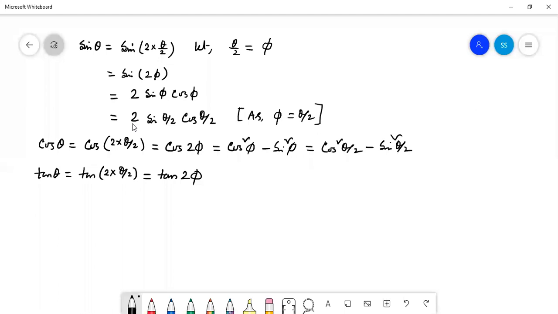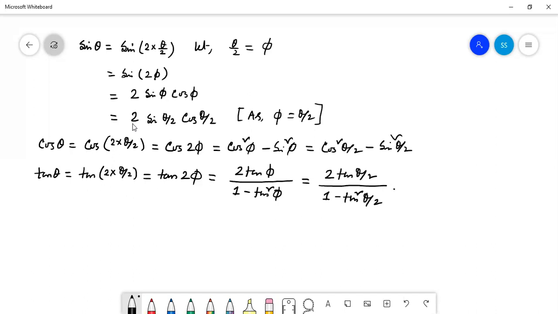So it is tan 2 phi. The tan 2 theta formula is equal to 2 tan theta by 1 minus tan square theta. Here theta means phi. Now putting the value of phi, that is 2 tan theta by 2 by 1 minus tan square theta by 2. So this is the formula for tan theta. These are called the submultiple angles.